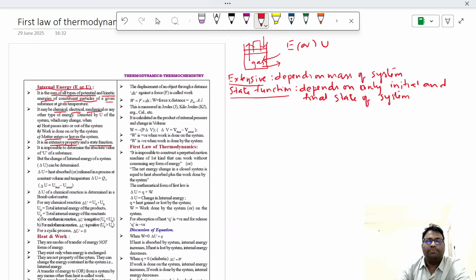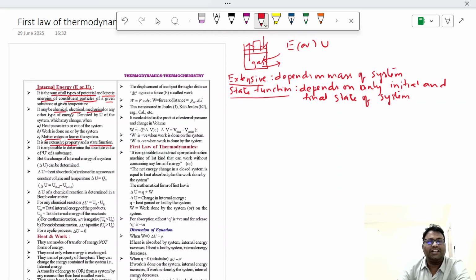It is impossible to determine or calculate the exact internal energy of a system. But we can find out the change in the internal energy.